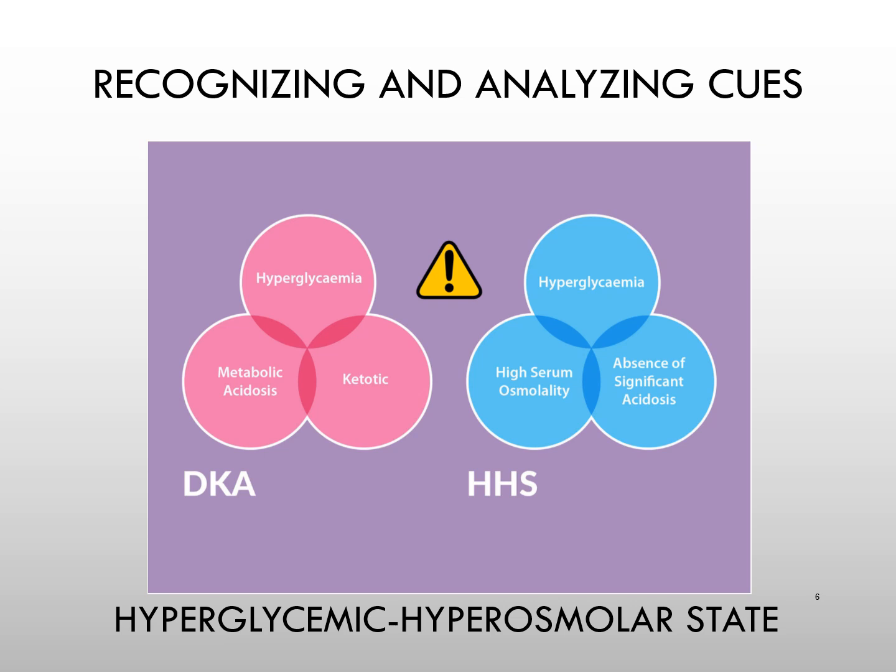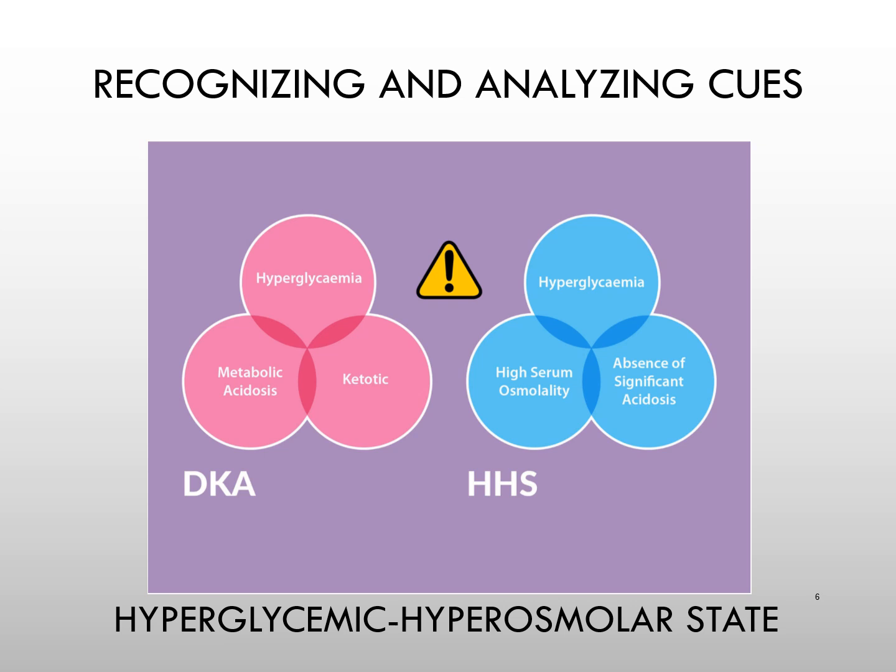So we are not seeing ketosis, and there are no ketones in the blood or the urine. There is enough insulin with HHS to prevent ketosis, but not hyperglycemia. And the glucose levels will be much higher with HHS than with DKA.